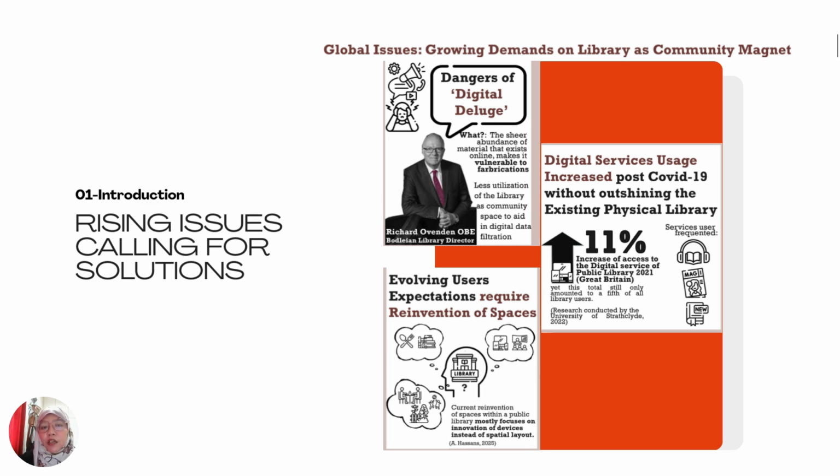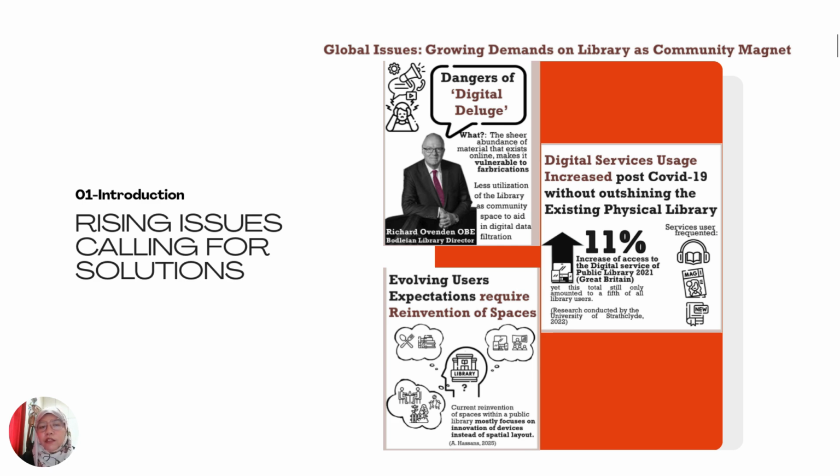First, we have the dangers of digital deluge, which is the sheer abundance of material existing online, making it vulnerable to fabrication. So now we have less utilization of the library by the community, as the digital native group are more adaptable online, so they don't really use the physical library anymore.